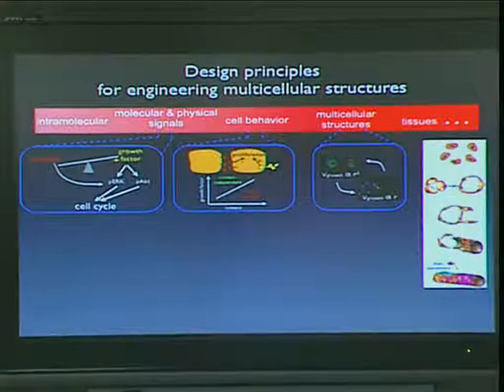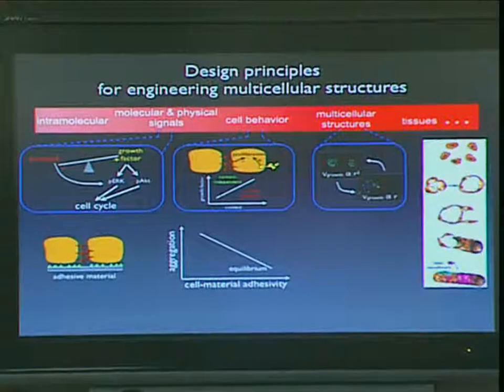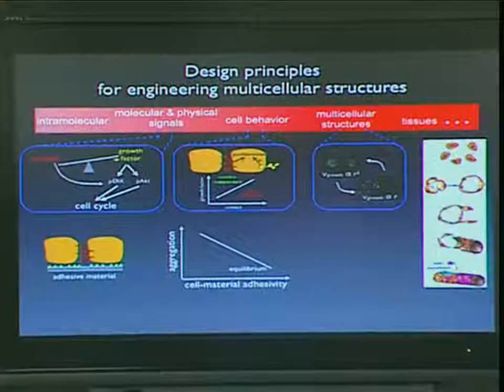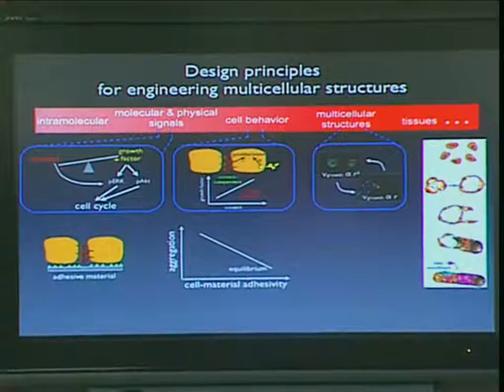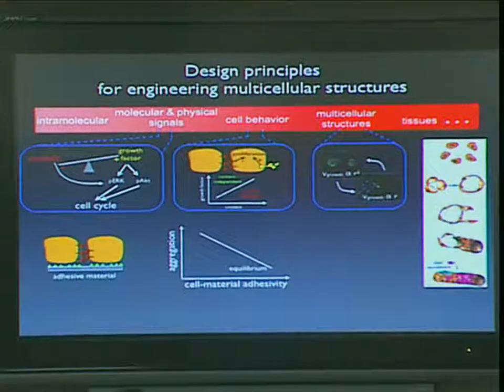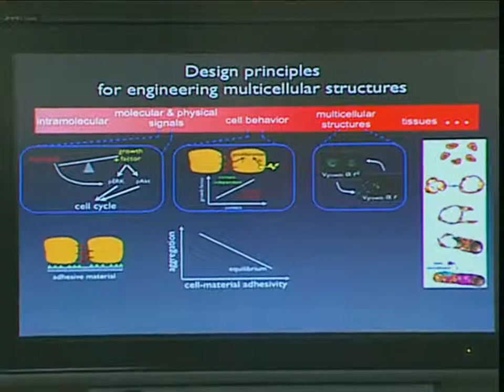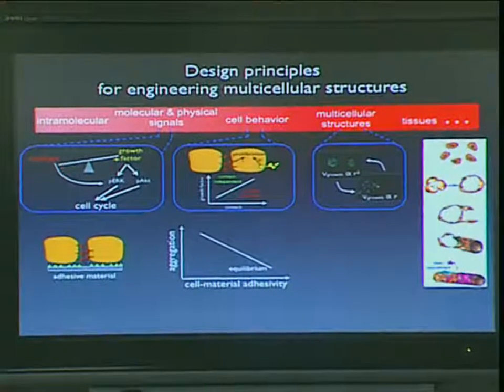But building tissues is going to require more than just growth of a cluster. One would like to think about how do you make a cluster in the first place. And so this notion of aggregation has been of large and wide interest in, especially in developmental biology, for example.